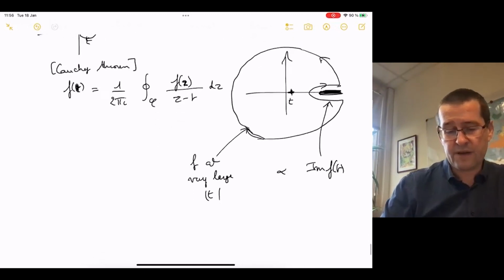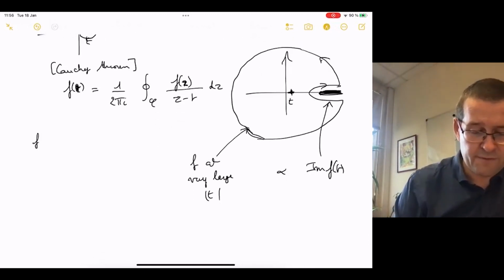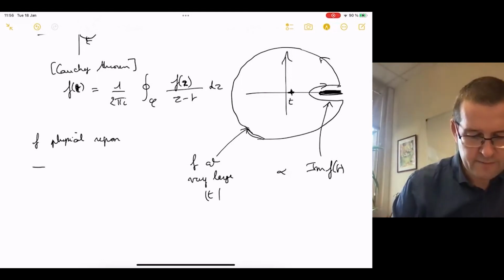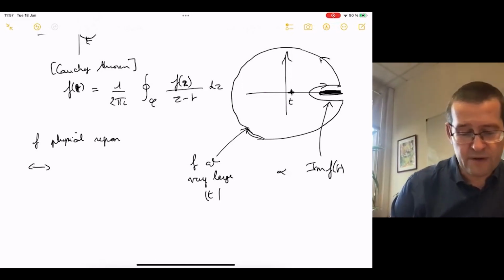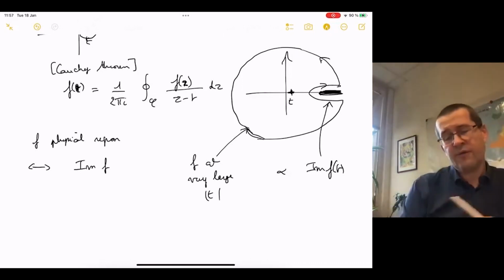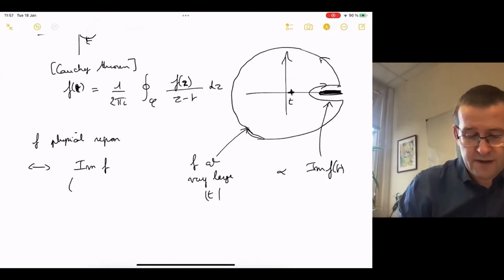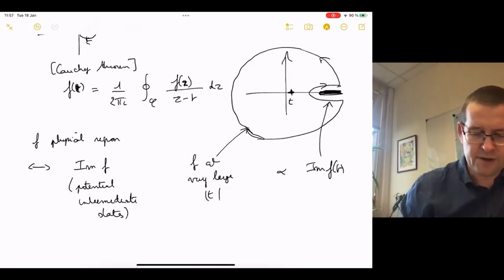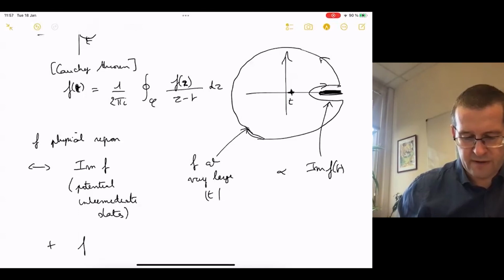So you can relate the value of f, for instance in the physical region, with an integral that involves the value along the cut, which is related to the potential intermediate states in that region, and the value of f at large t.